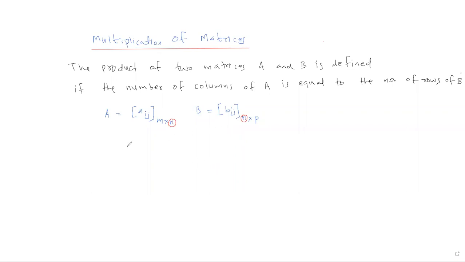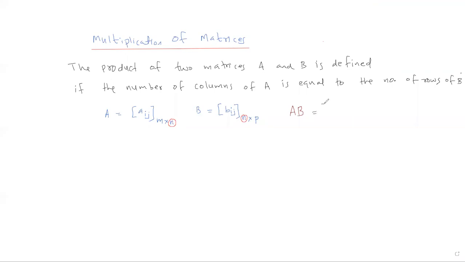First of all, if you want to find the product of two matrices A and B, you can multiply them only when the number of columns of the first matrix is equal to the number of rows of the second matrix. Then you will get a matrix AB.